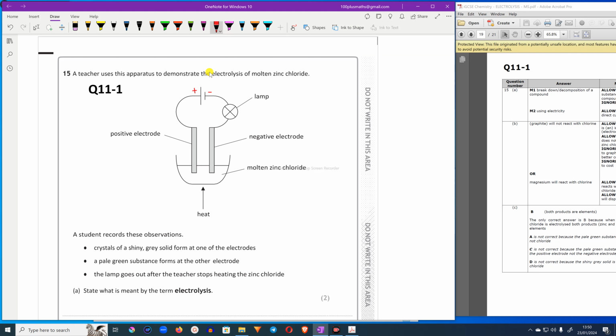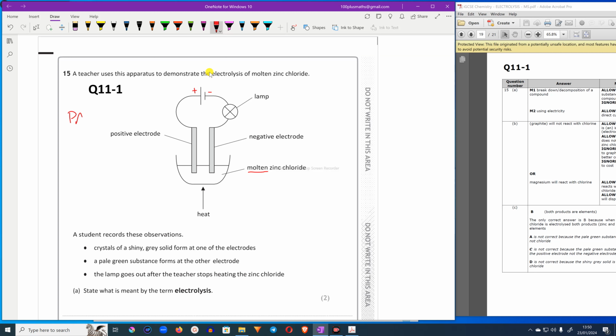You've got your lamp to show that things are flowing as a complete circuit. You've got molten metal. No, let me rephrase that. Molten ionic compound. You've got your negative electrode, positive electrode.